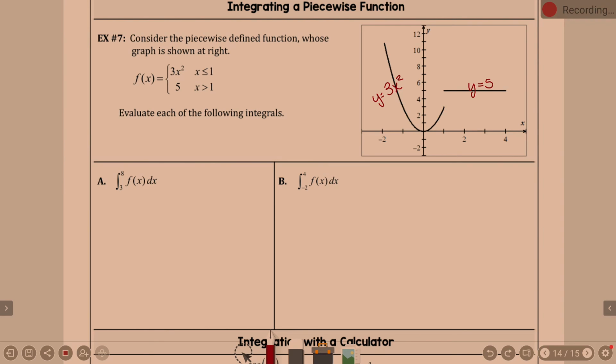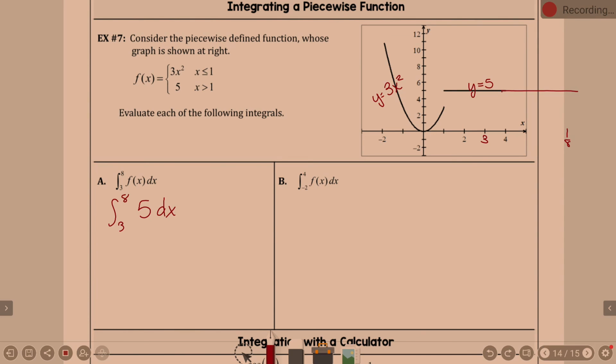Given that you have the two pieces, what are we going to say about the integrals? Well, from 3 to 8, which this one goes on here, you would be okay. You can integrate, and from 3 to 8, you would be integrating the what? Which one's bigger than 1? 5 dx.